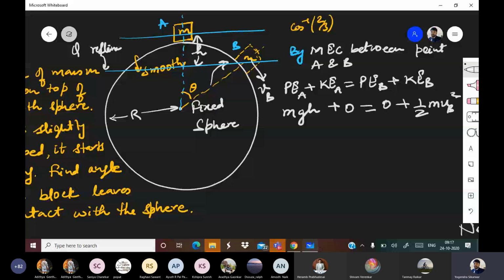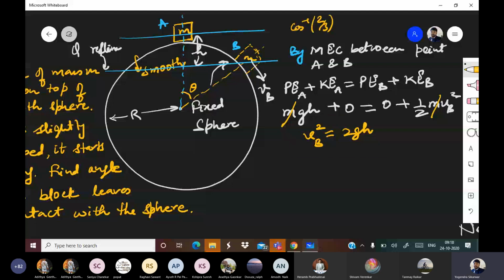What we can observe is that M got cancelled and we got VB square is equal to 2GH. Correct.